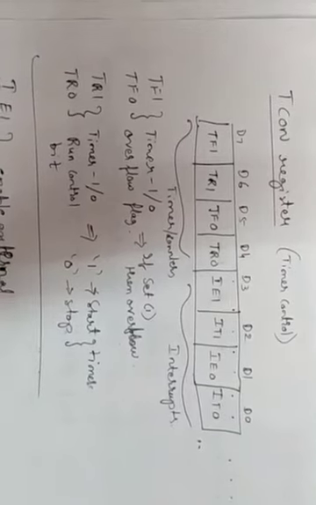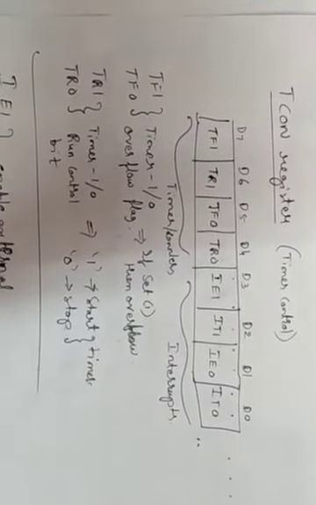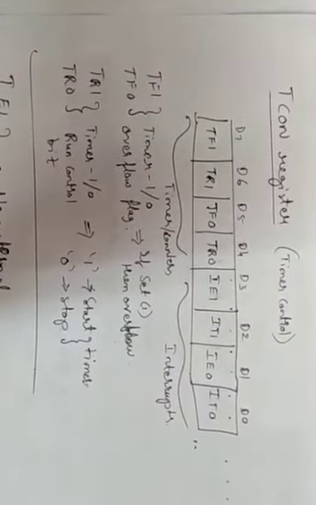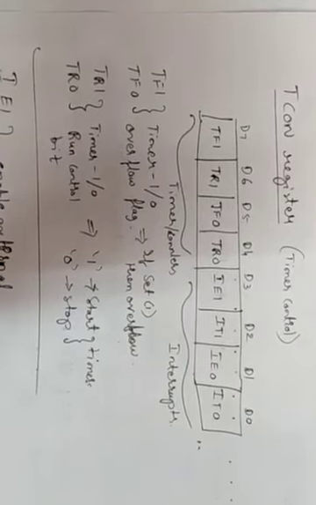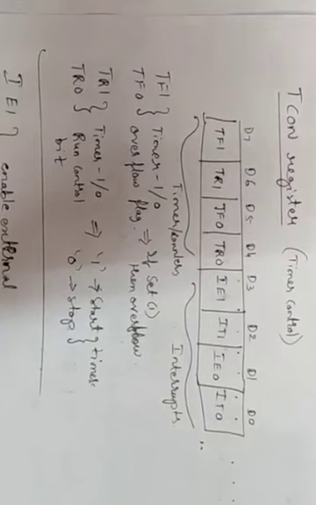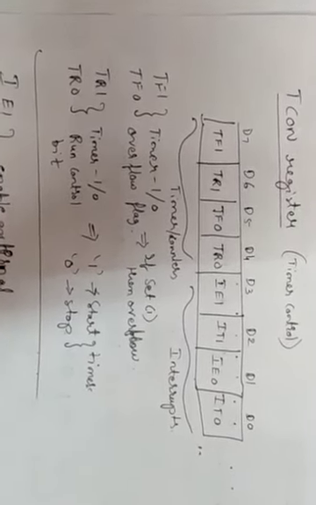And TR1 and TR0 are timer run 1 and timer run 0. Timer run 1 is for the timer 1 register, and TR0 is for timer 0. If TR1 or TR0 is 1, then we say the timer has started.